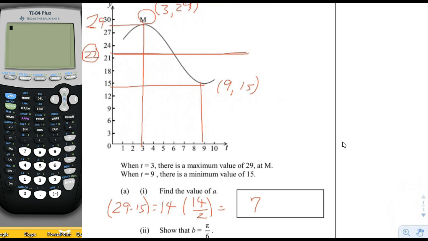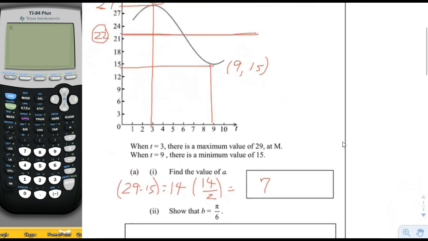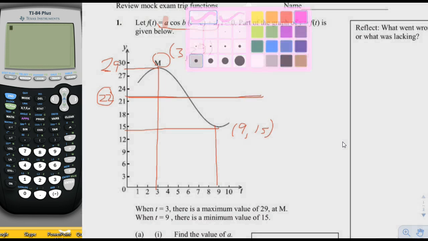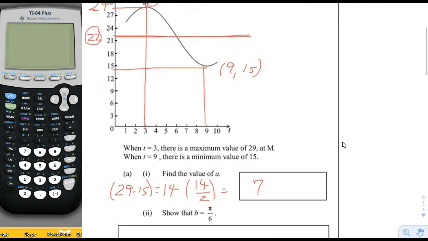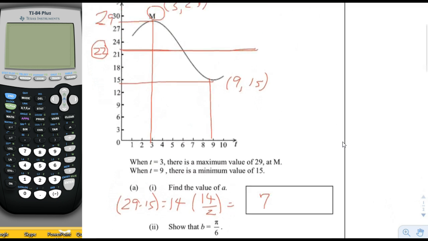Okay? So let's see what else they ask. Show that b equals pi over 6. Okay, so b is related to the period. And the way it's related to the period is b equals 2 pi over the period. And let's see if we can see what the period is here.